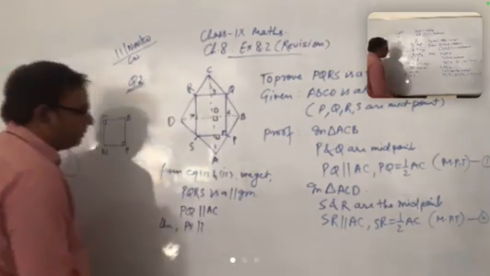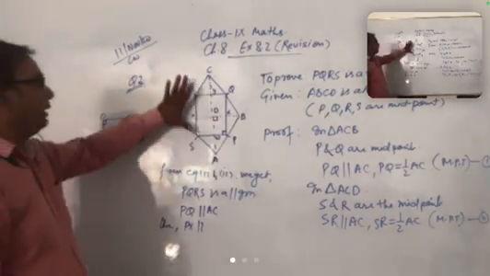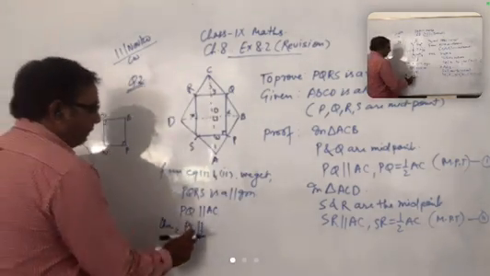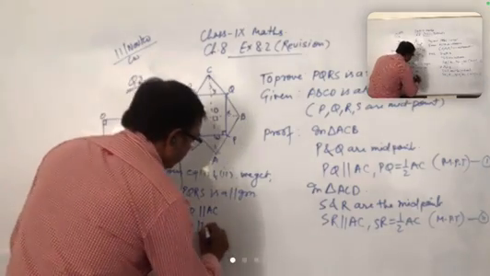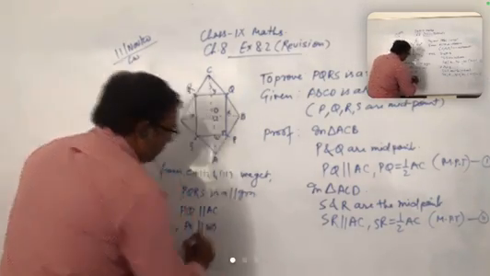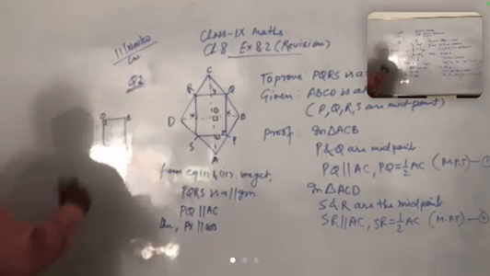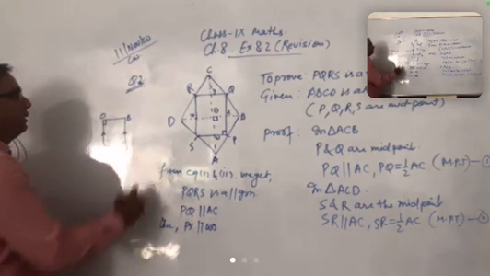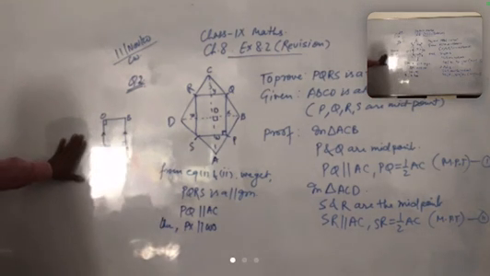Now PQ is parallel to AC, so it means that PQ is parallel to W. Now this is parallel to this. Clear? Any doubt up to here?